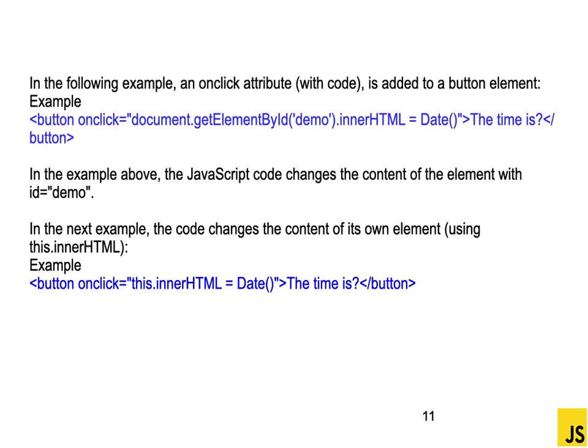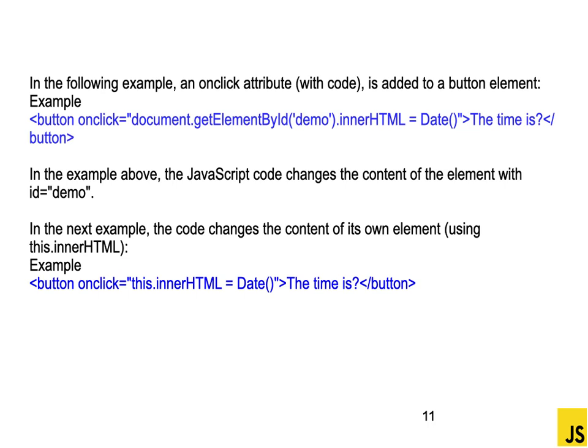See another example. The code changes the content of its own element using this.innerHTML. In the first example, that is in blue color, the third line in this particular slide, and the second example is the last line in this slide with blue color text. So button onclick is equal to this.innerHTML.